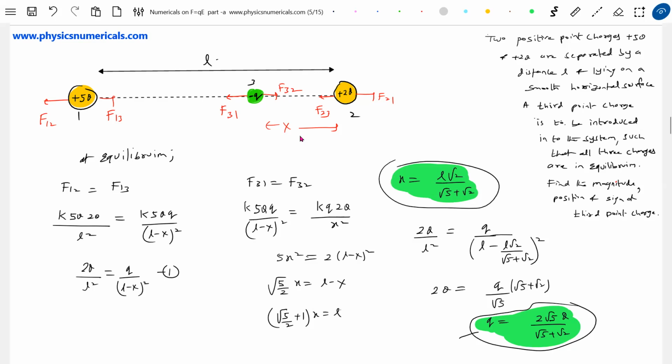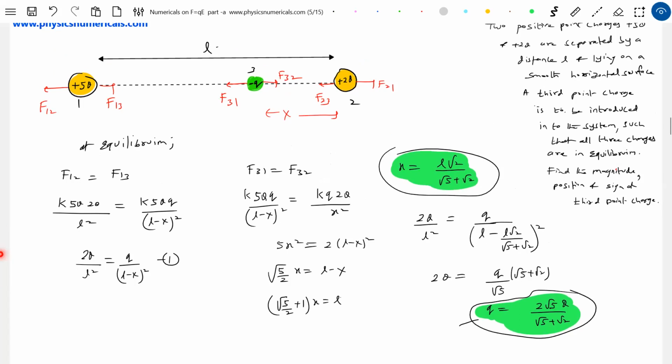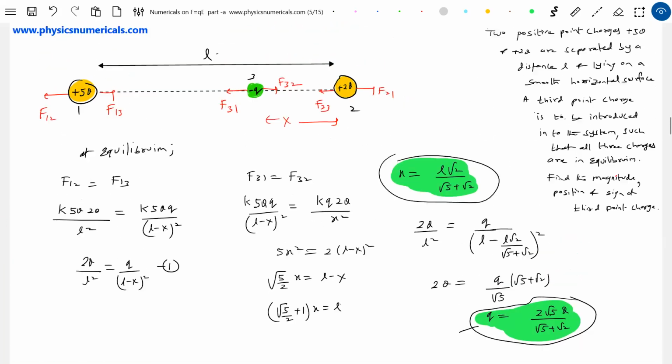The question comes: sir, what made you assume a negative charge? Why don't you keep it here? Why did you suddenly choose it? No, you have to analyze here. There's nothing wrong.